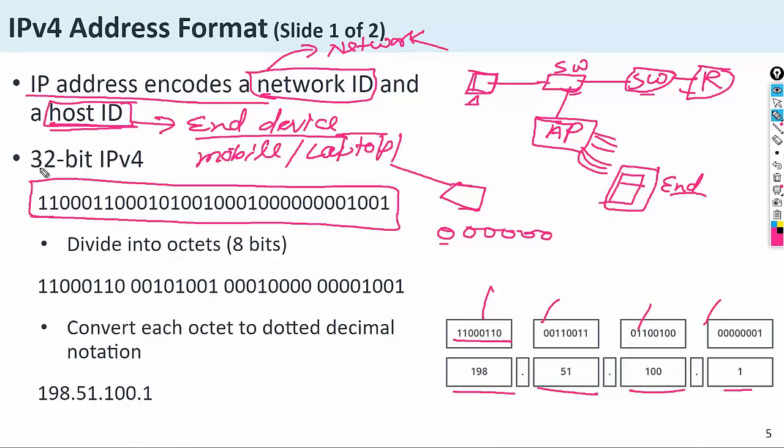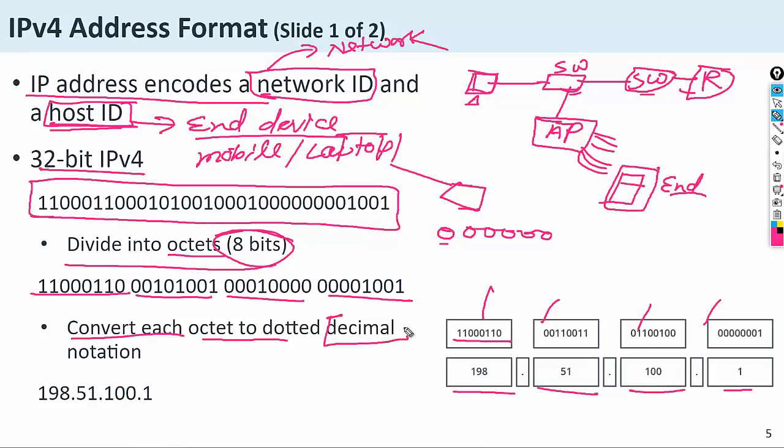So the total IP address has been divided into octets, and every octet has an 8-bit value. Now it will be the first, second, third and fourth octet. You can convert each octet into a decimal value. A decimal value is like 198, 51, 101.